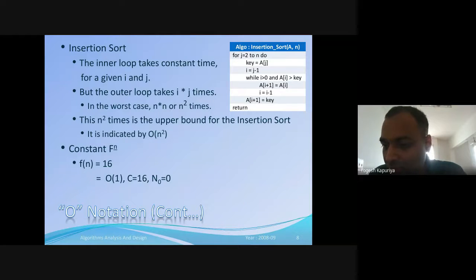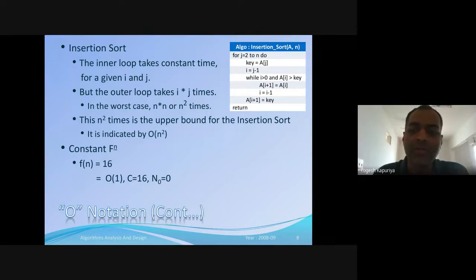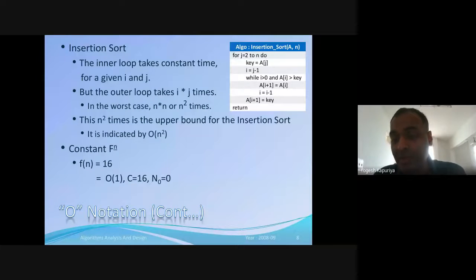Then it turns out to be big O of n log n, let's say, for example. So on one side you have big O of n square, on another side you have big O of n log n. And then you have to compute which one is higher, n square or n log n. Obviously n square is higher than n log n. So it means that bubble sort requires more time compared to merge sort. It means that merge sort is a better sorting technique than bubble sort.